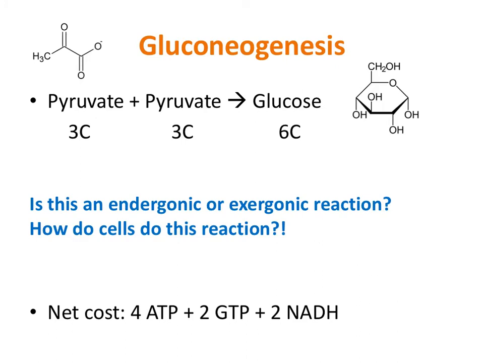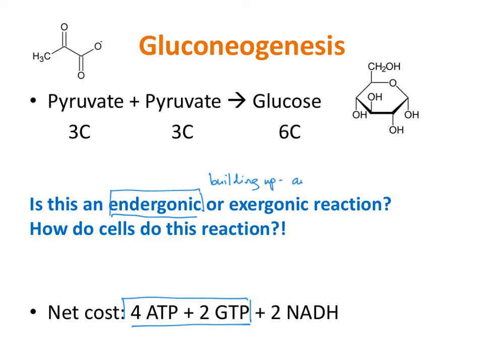If gluconeogenesis costs 6 phosphate molecules, is this an endergonic or an exergonic reaction? Well, net, this is going to be an endergonic reaction because we are building up.